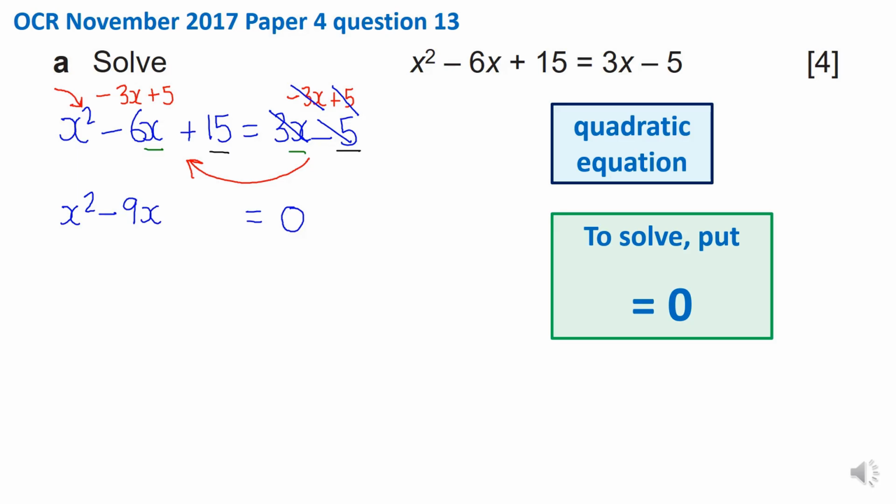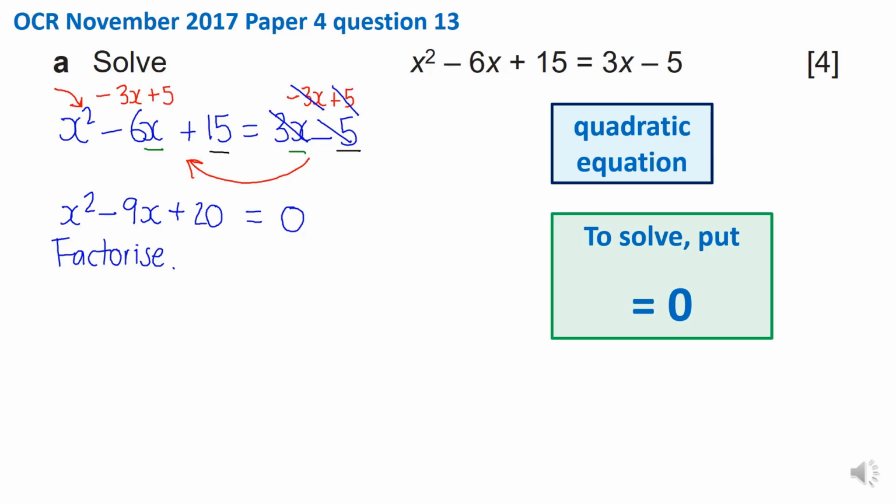And then 15 plus 5 gives us 20. So we've achieved our objective. We've put the quadratic equation equal to 0. So the next step is factorizing it. So we will factorize this equation.